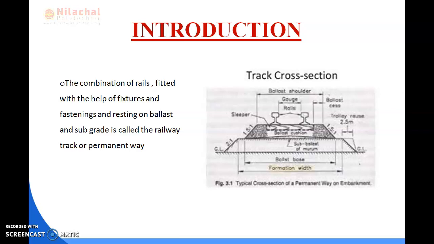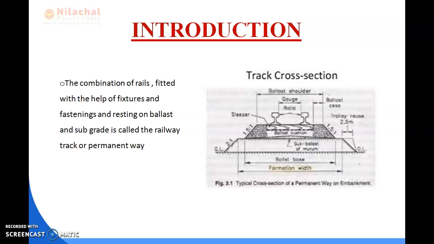With our naked eye we just see the train move over the rail. But as civil engineers, we should know how the rail sits over the sleeper and how the sleeper sits on the ground.